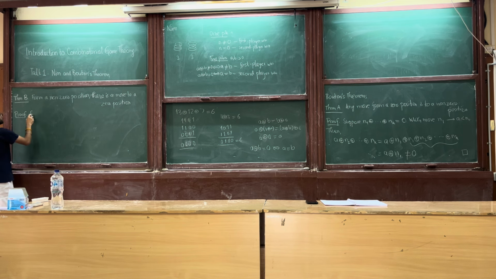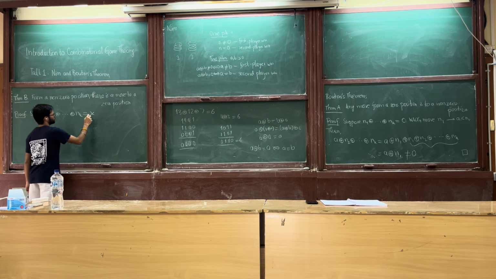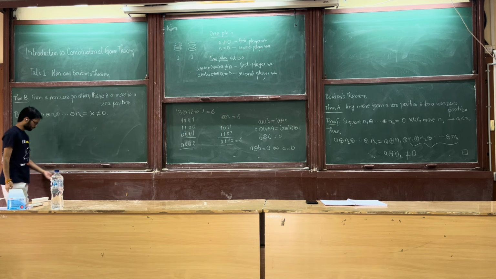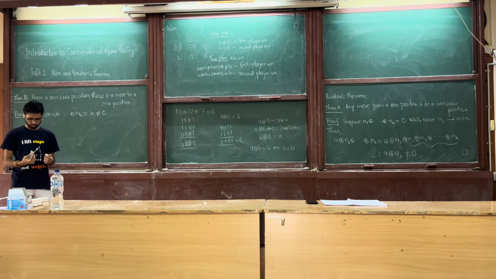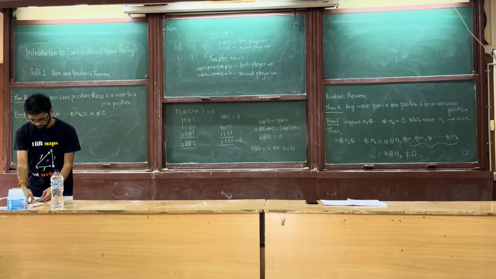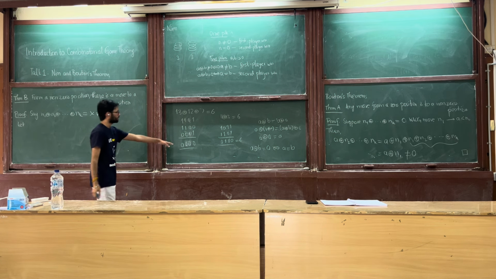So say you have a position whose nim sum value is x, and x is not 0. Then, again the point is to look at x and look at the first bit.